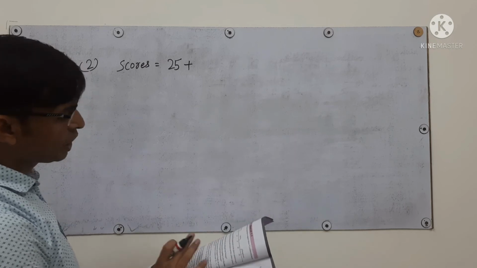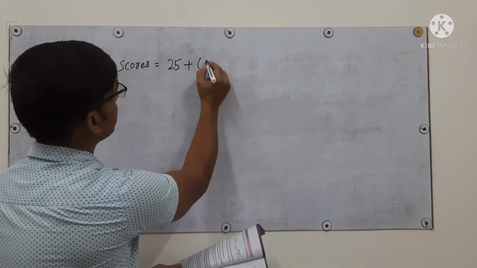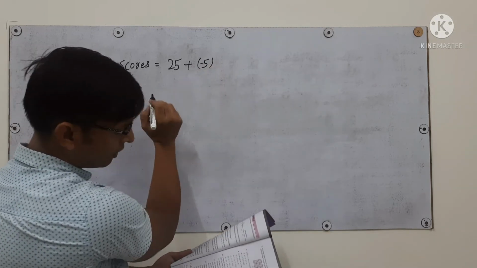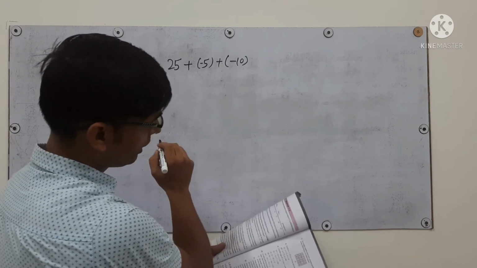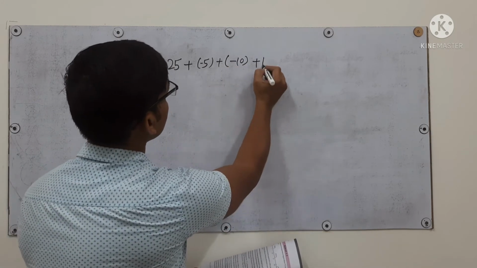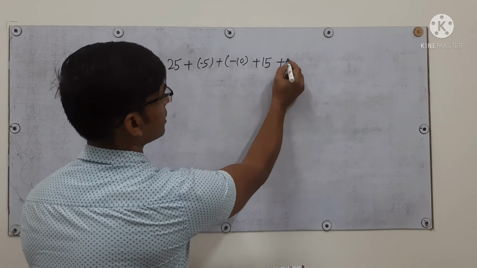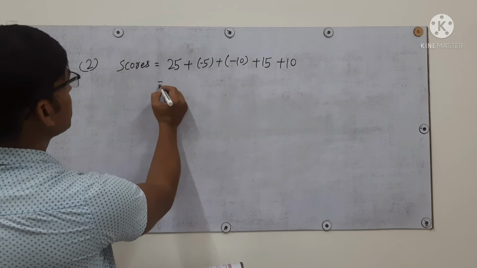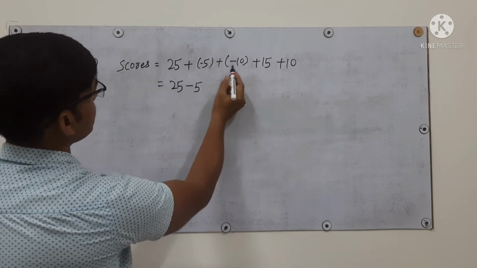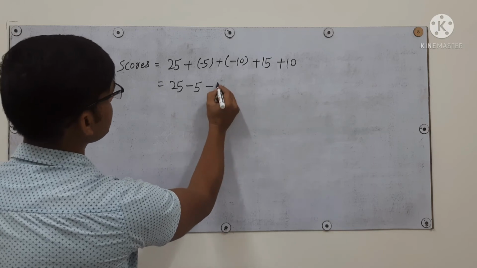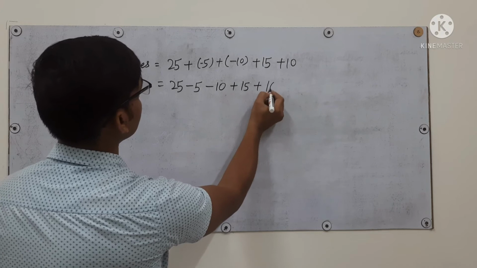We have to just find the total, so for the total we will add them. We can simply solve it. It will be 25, plus minus will be minus 5, and similarly -10, 15, 10.